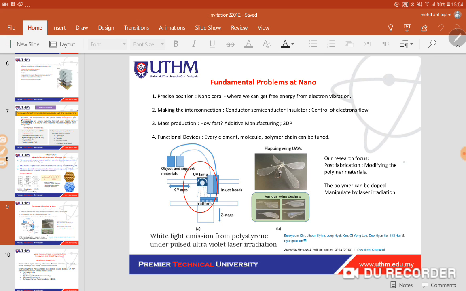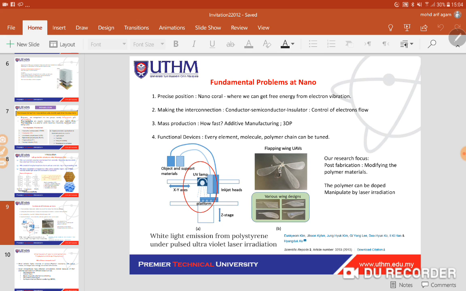Okay, this is some research done by people. You can see that people try to modify the polymer to become a flap of the wing. And now the polymer can be doped. So we can fabricate this kind of devices by using different kinds of radiation on this polymer, and yet we have some parts become a little bit stronger, some parts become thinner and lighter.